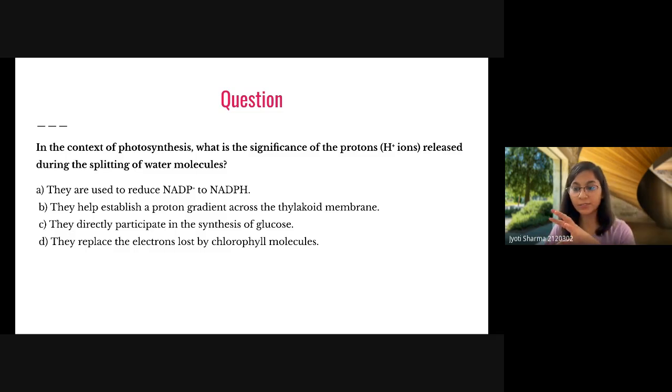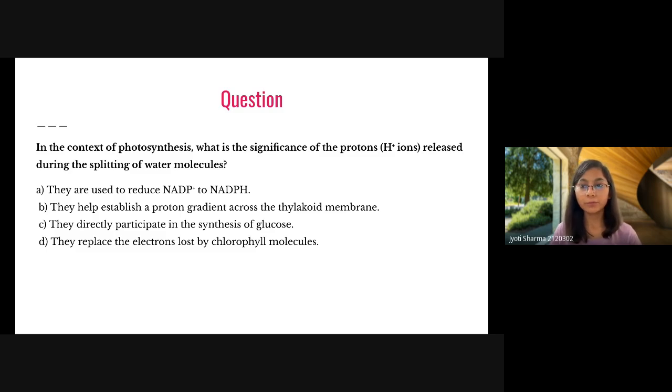But this conversion will happen only when there is a proton gradient, and this proton gradient will form when there are more H plus ions. So now you can tell me the significance of the proton that will be released during the splitting of water molecule. So what do you think? What is the right answer for this?